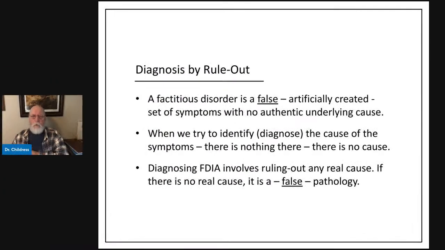So now, talking about the diagnosis of FDIA specifically, because it's a false pathology, it's a diagnosis by ruling out authentic causes. If you think about medical FDIA, the child's coming in with vague symptoms of a medical disorder, and the physicians have to figure out, is this an authentic medical disorder? If they've ruled out all the authentic possible medical disorders, then it's a factitious disorder, and they call up a pediatric psychologist to assist on that diagnosis.